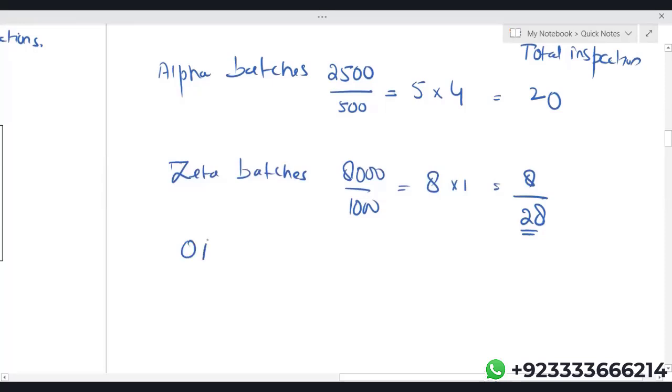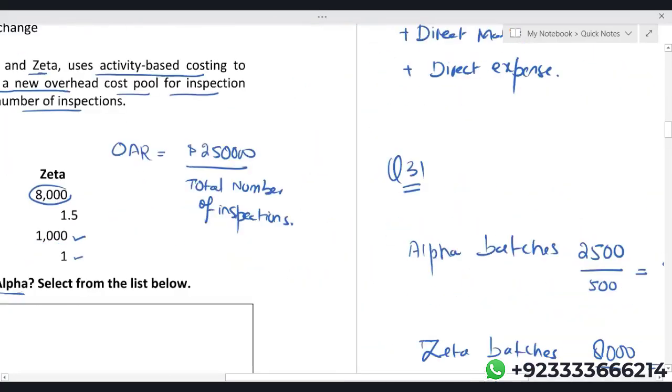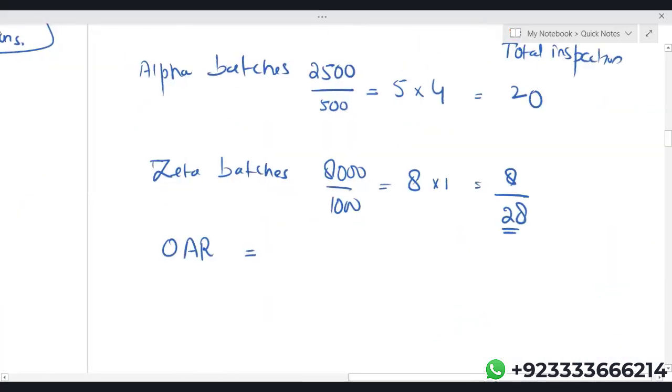So overhead absorption rate per inspection. Look at this. Total overheads, we know that 2,50,000 relating to inspection, divided by the total number of inspections, and the total number of inspections we have calculated, that is 28. So simply 2,50,000 divided by 28.